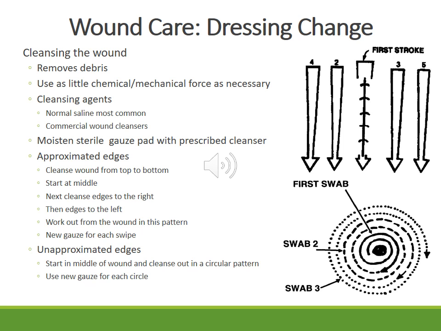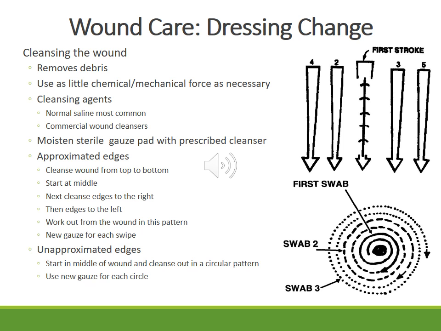And then we're going to clean the edges to the left, clean edges to the right, then the left, and we're going to work our way out. Each time we make a swipe, we're going to use a clean gauze with the cleanser on it. So you're going to need several gauze pads when you're cleaning a wound.